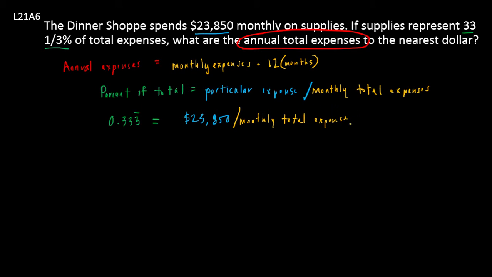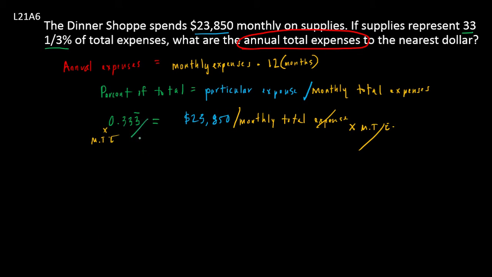So I'm going to multiply both sides by monthly total expense. Multiply this side by monthly total expense. On this side it cancels out. On the left-hand side, I got 0.333 times monthly total expense.